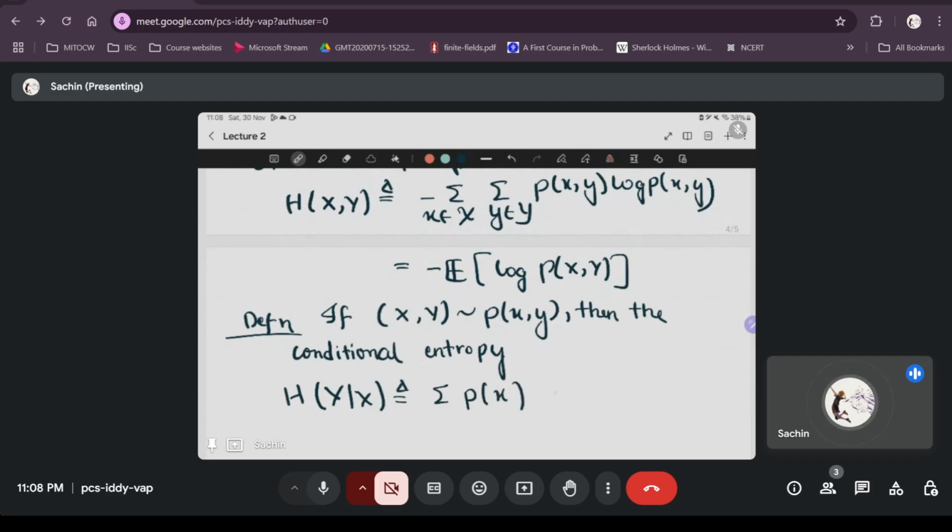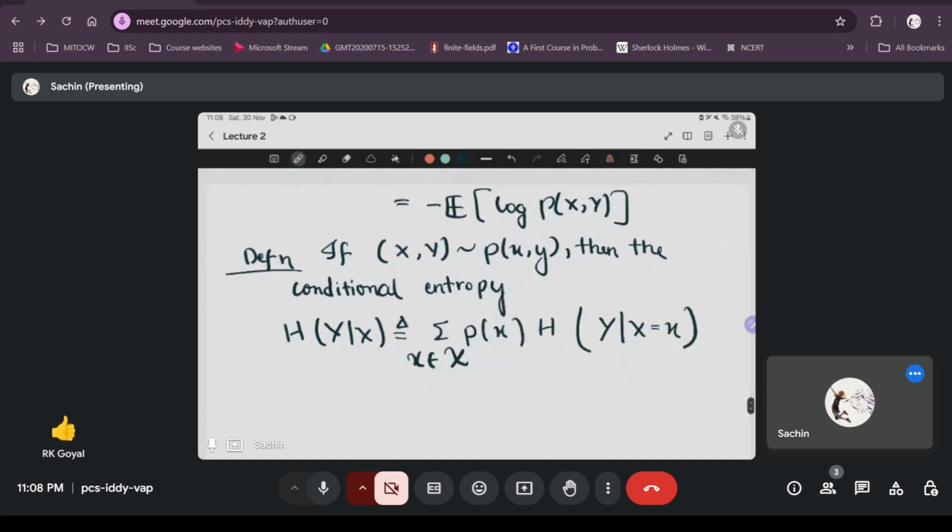So it's the average of the conditional entropy of Y given X is equal to some particular value x, where that quantity itself is defined as the sum of p of y given x log of 1 over p of y given x.